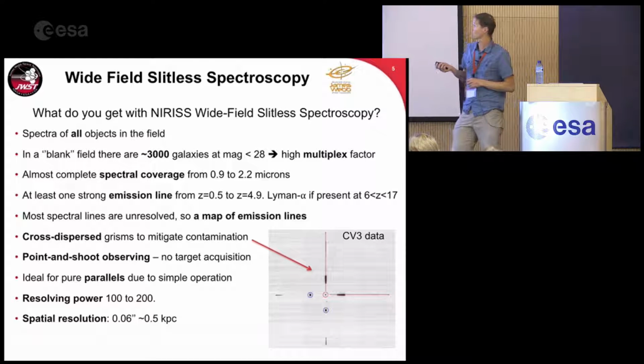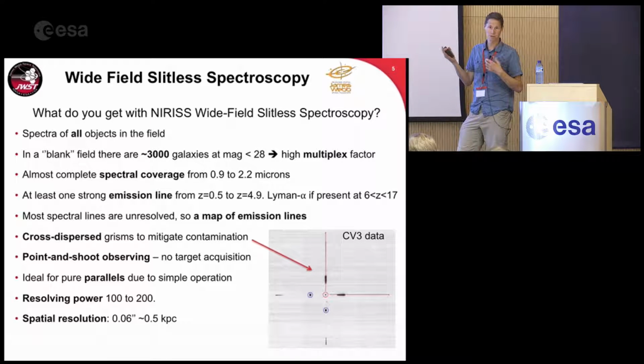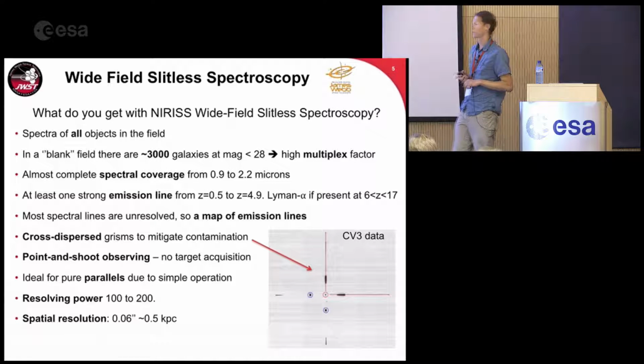As I mentioned before, because the spectral lines are basically unresolved at this resolution, you get a map of the emission lines. So if you want to look at maps of different emission lines, it's a very powerful mode. So as Ichi mentioned, similar to an IFU, with an IFU you usually have high enough spectral resolution that you're actually able to get information along the velocity. Here you don't have that velocity information, but you have lots of simultaneous maps of emission lines in the field.